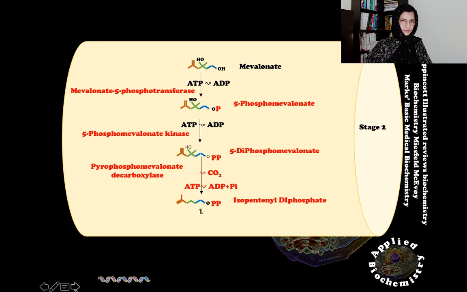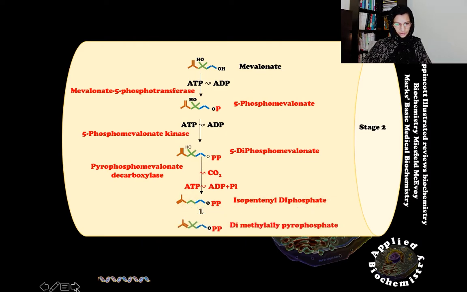Now this is the activated intermediate which is going to form the cholesterol. It also is a precursor for coenzyme Q and dolichol. So isopentenyl diphosphate is isomerized to dimethylallyl pyrophosphate.